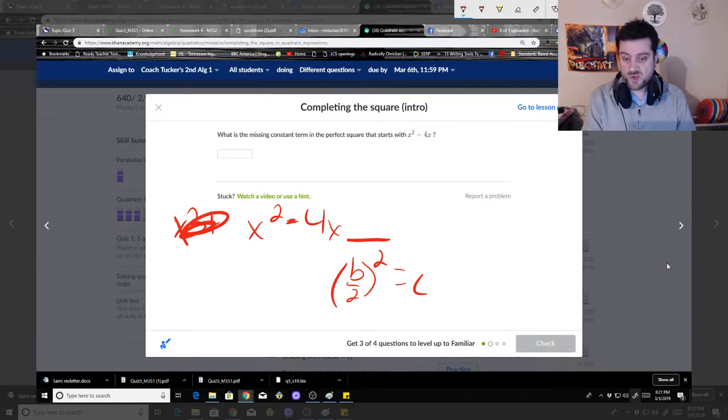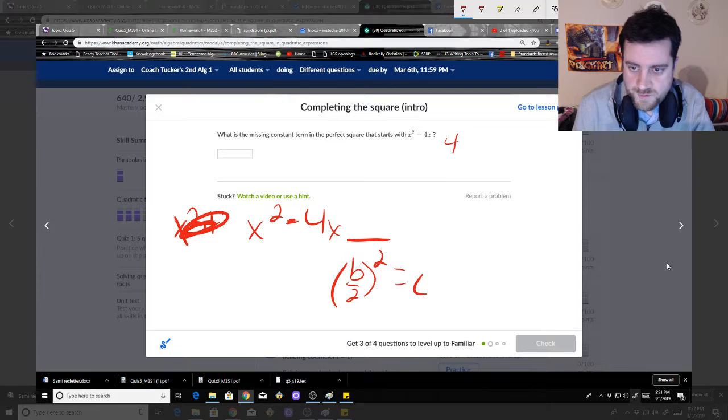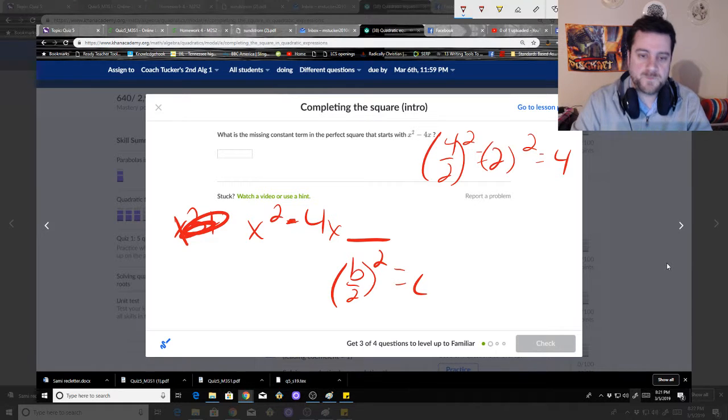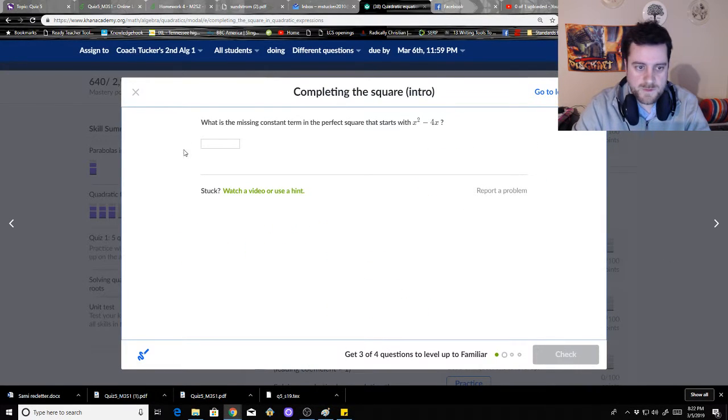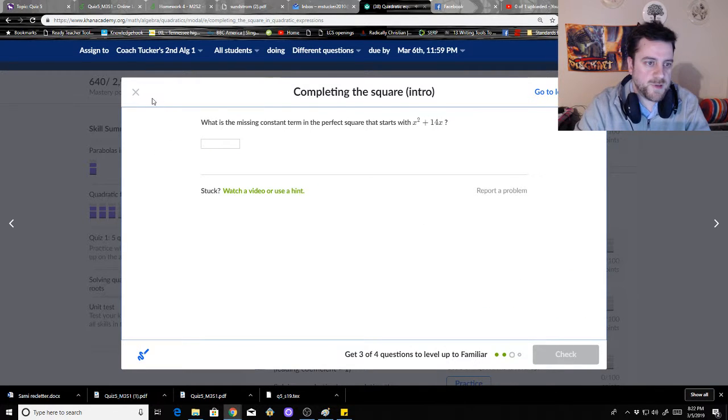It doesn't matter, because you're squaring the term. If it's negative, it turns into a positive, and if it's positive, it stays positive. So we'll just take the numbers: 4 divided by 2 is 2, and 2 squared is 4. The rest of them are pretty simple like that.